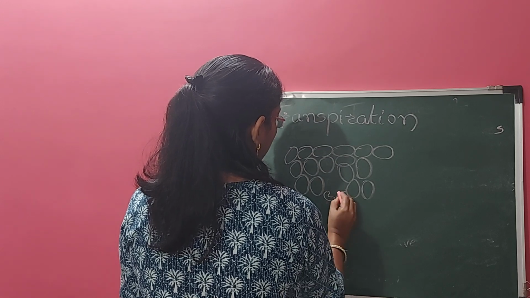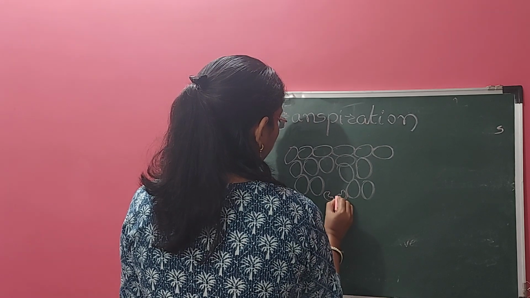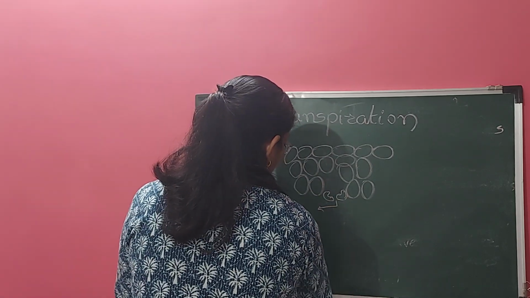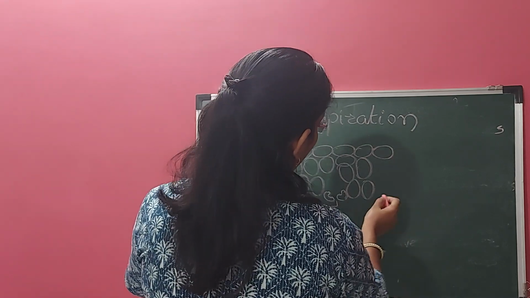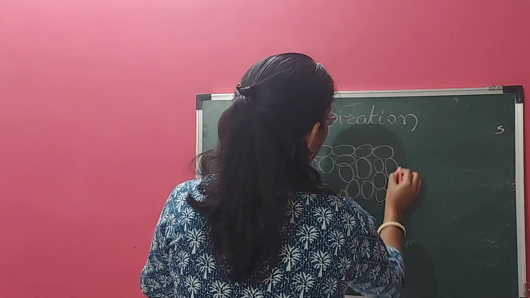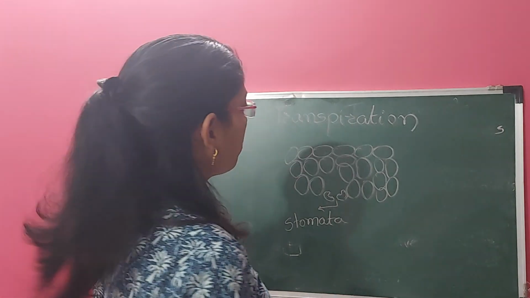This opening guarded by the guard cells is called stomata. Stomata are the openings present on the leaf surface. These are other cells present in the leaves of the plant.